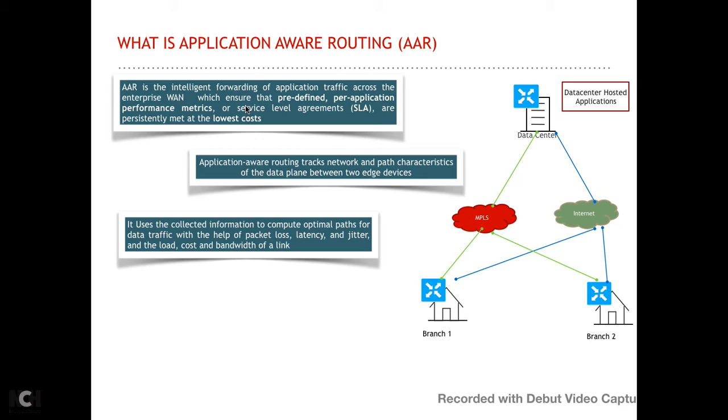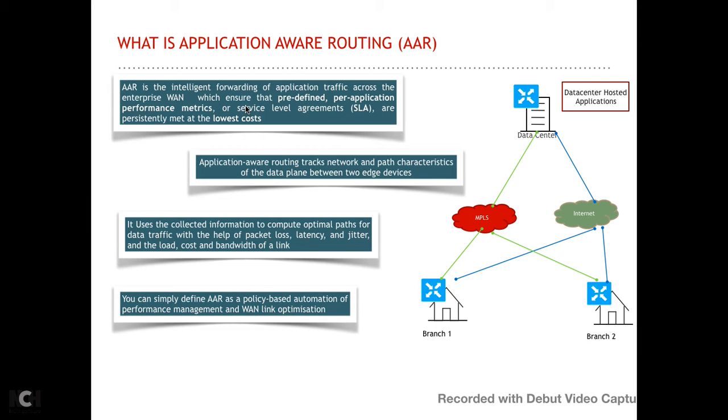BFD packets run between your point-to-point boxes and capture the round trip time, which helps to calculate packet loss, latency, jitter and load. Application-aware routing simply calculates on all those things that BFD has gathered for it.